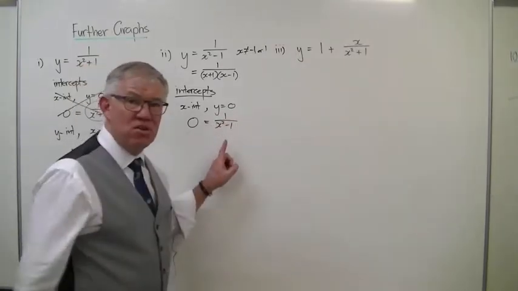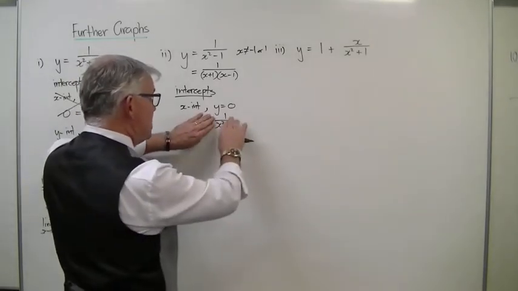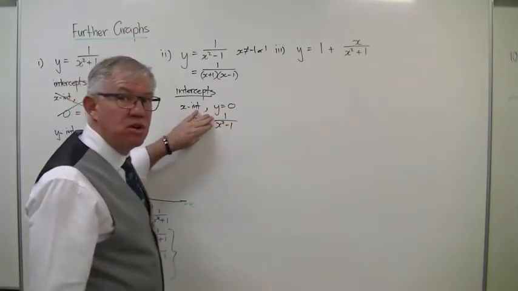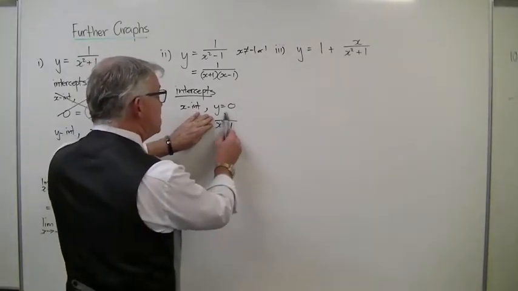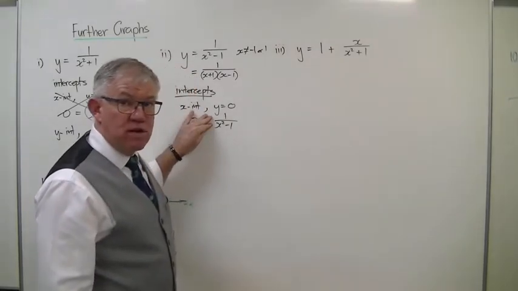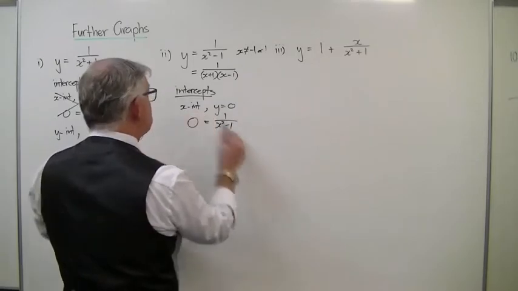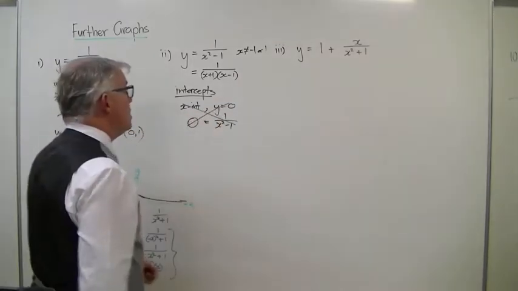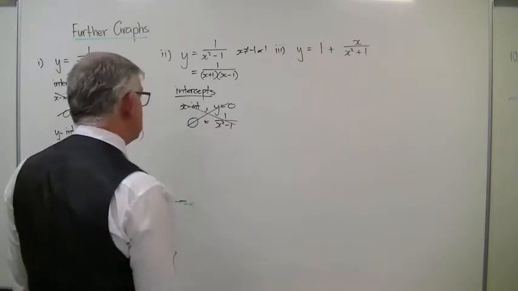Well, there just is no value of x that will ever make this expression able to be equal to 0. In order for that to happen, we would have to have had an x factor up in the numerator of our expression, but we don't have one. So there's no value of x that will make this equal to 0. So there are no x-intercepts. The x-axis will be an asymptote of some sort.